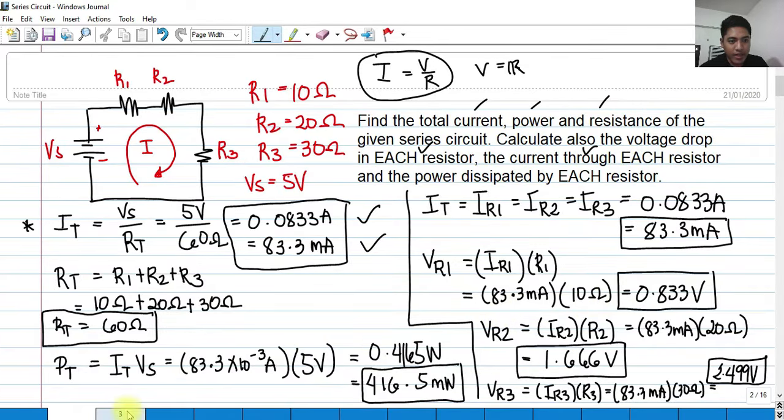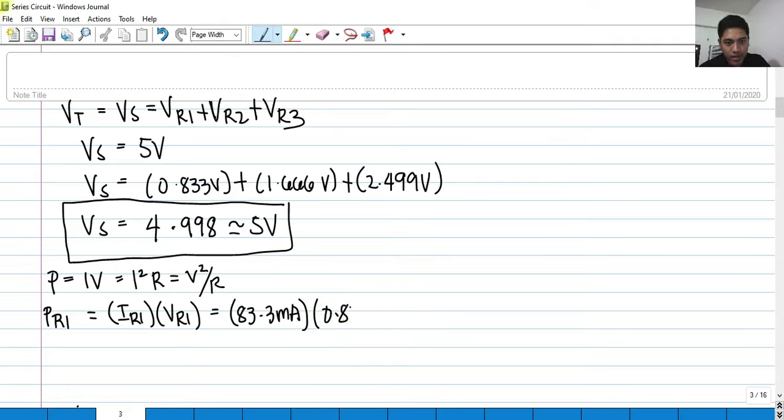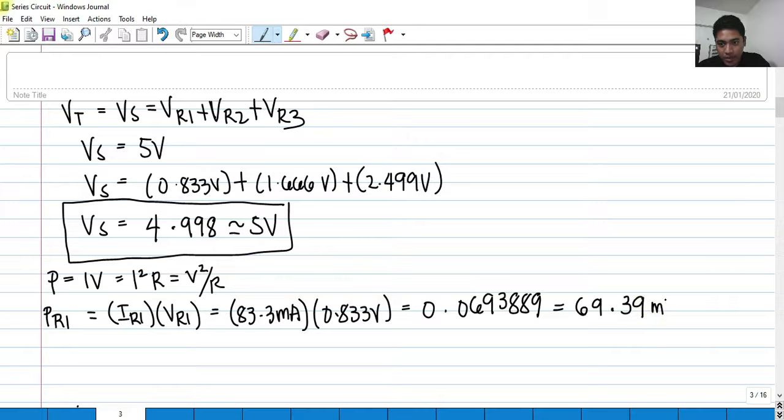That is 0.833 volts. Upon multiplying, we have 83.3 times 10 raised to negative 3, times 0.833. In scientific notation we have 0.0693889, and in engineering notation we have 69.39 milliwatts.